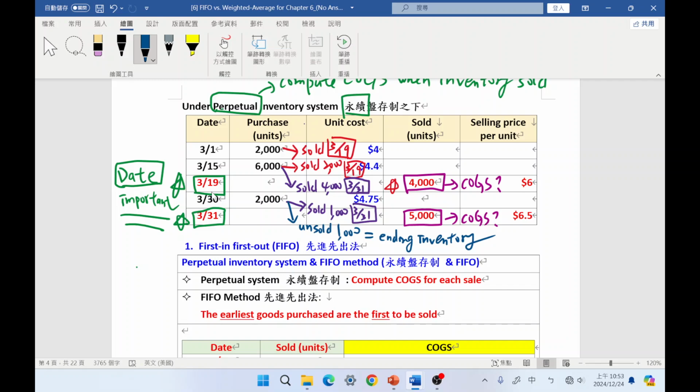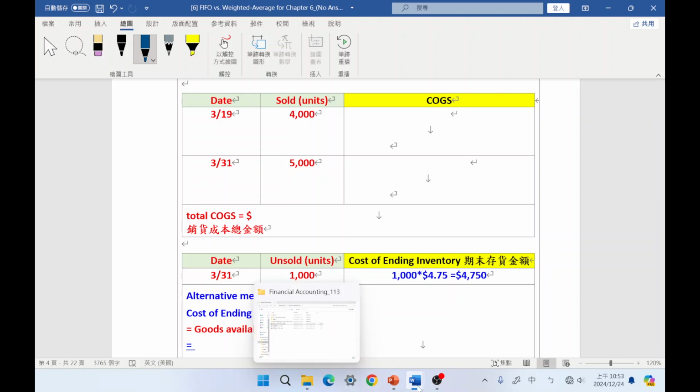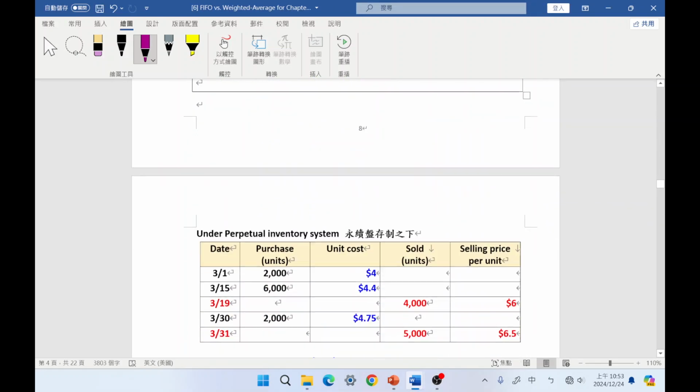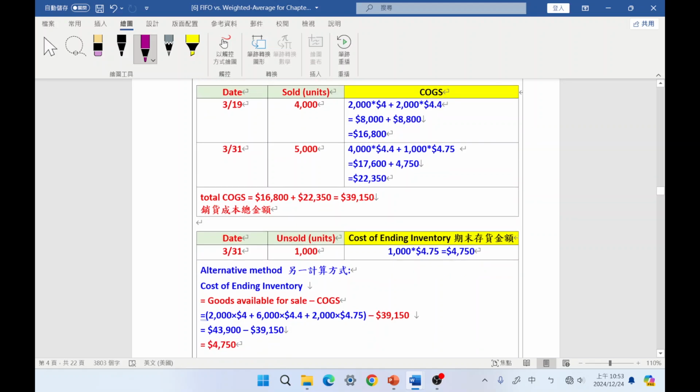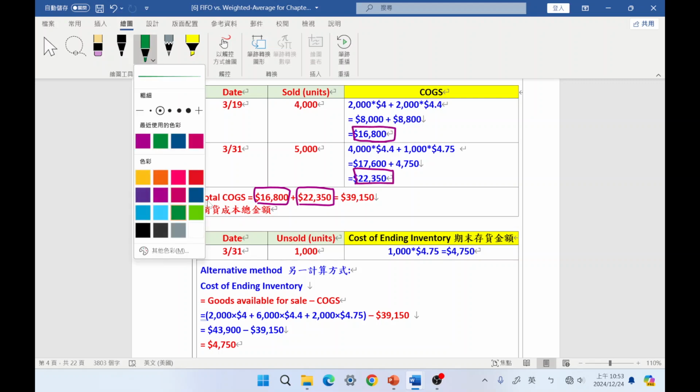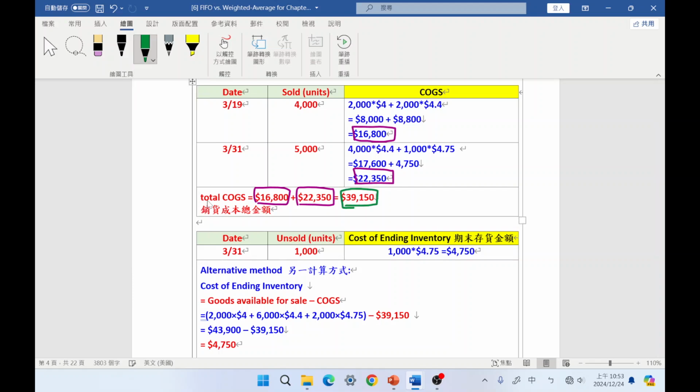Okay? Any questions? So this is page 9, our answers. In total, your first cost of goods sold plus your second cost of goods sold gives you your total cost of goods sold. And for your ending inventory, $4,750.